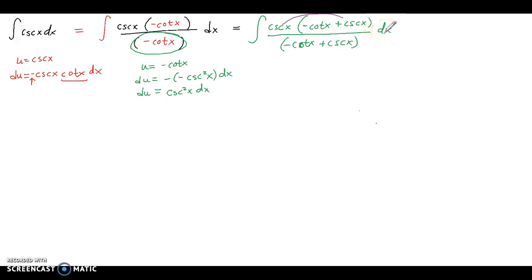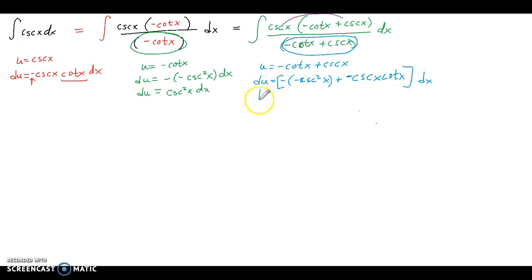Alright, now let's revisit this with a u substitution, our new u substitution. Let's try u equal to the negative cotangent plus cosecant x. So then du would equal a negative of a negative cosecant squared x plus a negative cosecant x cotangent x, and all of this gets the dx.